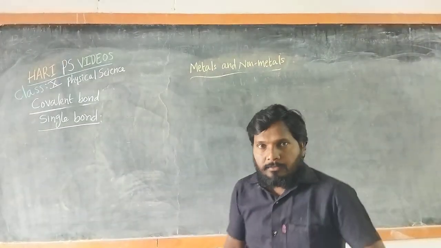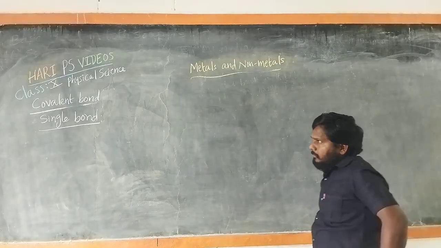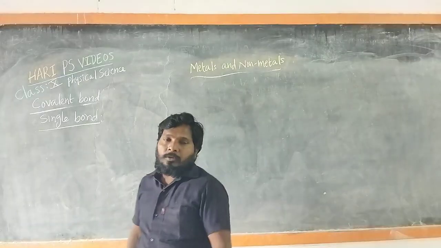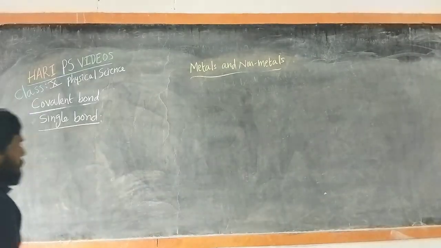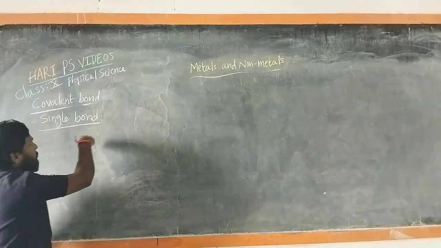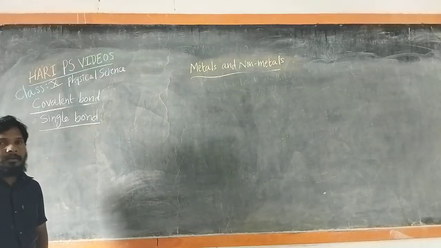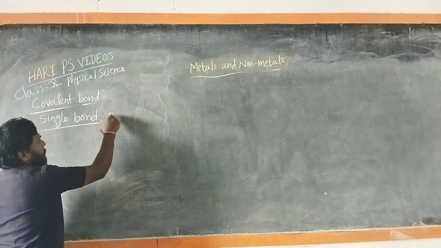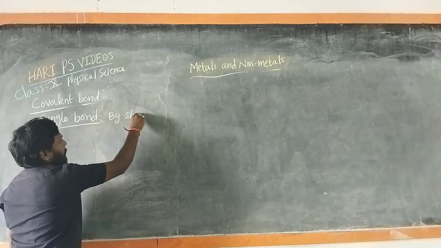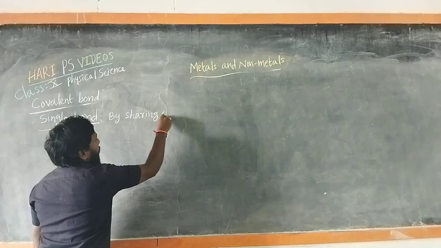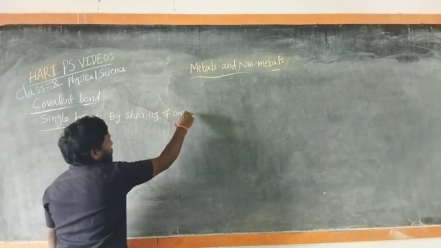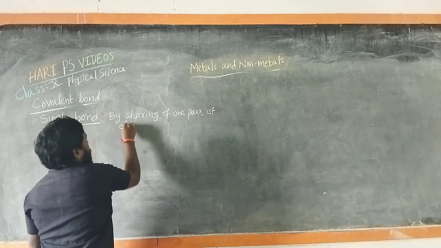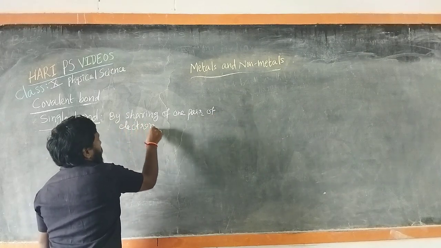Right. So let's understand single bond. Single bond, one of the covalent bonds. As we discussed previously, a single bond is formed by sharing of one pair of electrons.